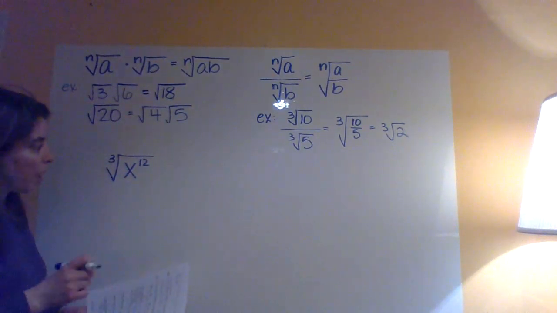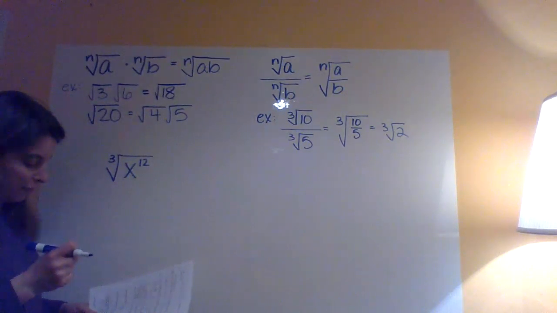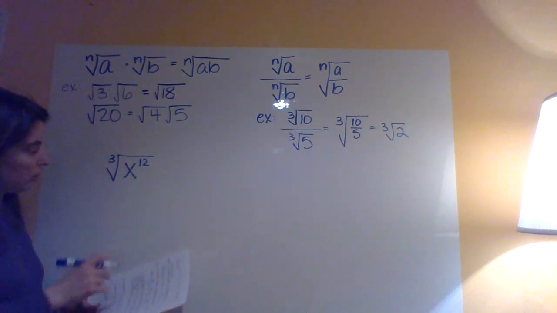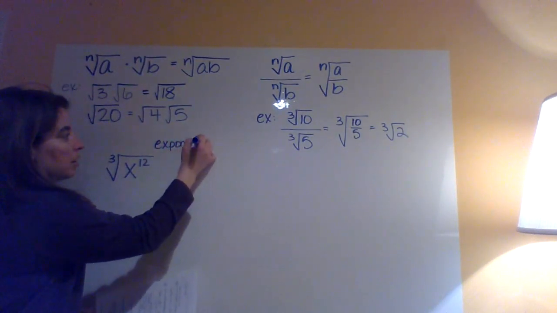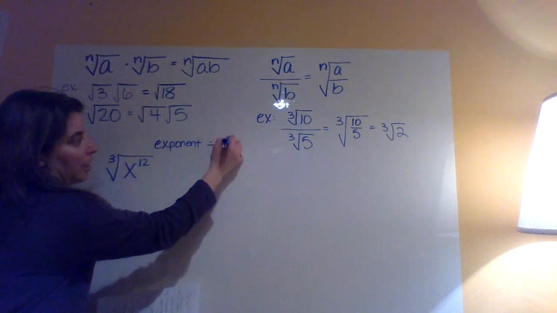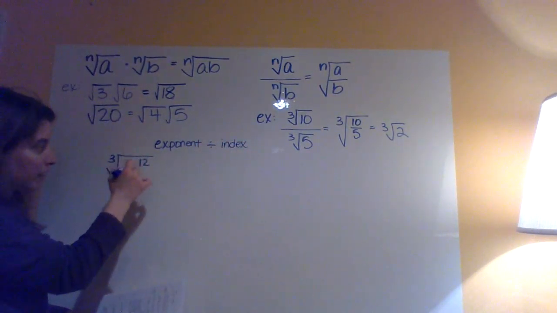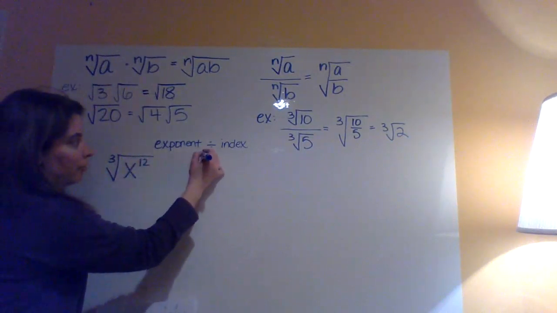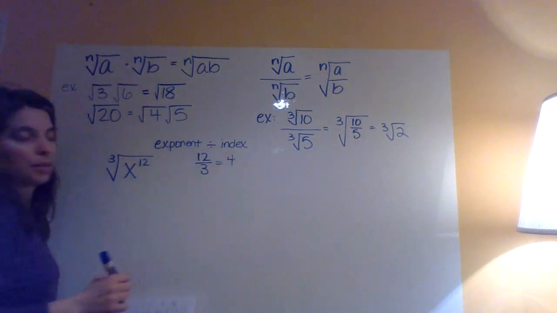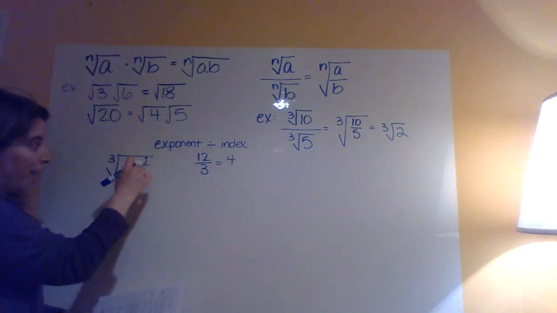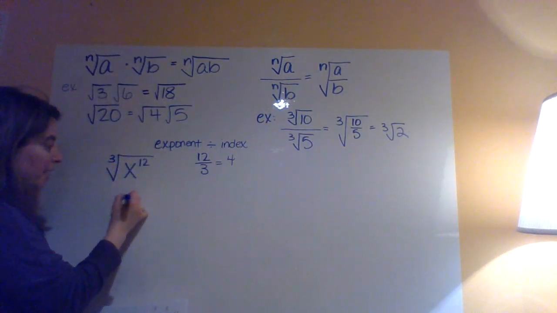X to the 12th is a perfect cube if the exponent, so this is right in your notes, is divisible by the index and comes out to an integer. My exponent, in this case 12, can I divide that by 3? Yeah. If I can divide this, then it's a perfect root. I can pull it out and that's my answer.